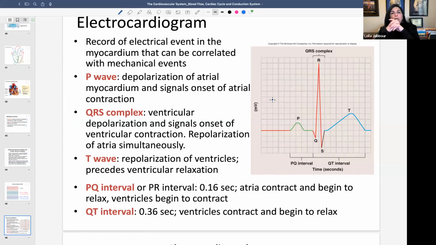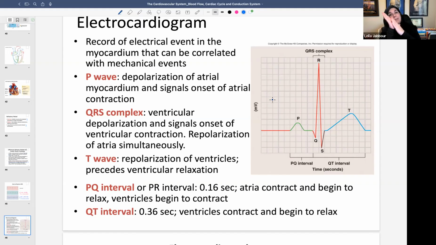Electrocardiogram is the recording of the electrical event in the myocardium, and we do that by placing leads on the surface of the body. And there's a great video on Osmosis that explains the basics of the EKG. Each lead is basically capturing the depolarization of the cells as they're happening, and each lead is a very specific spot on the body.